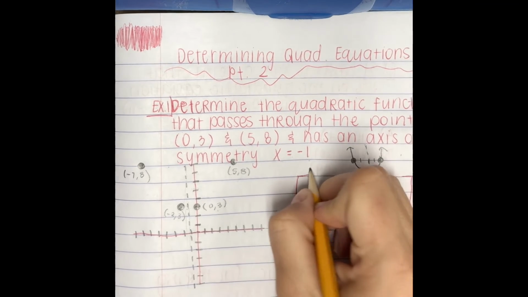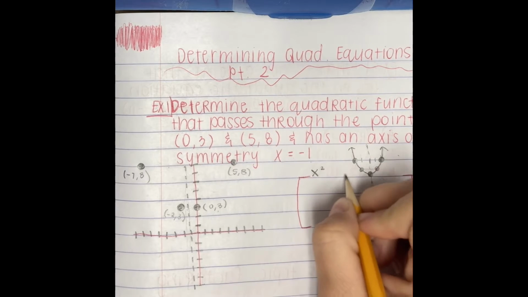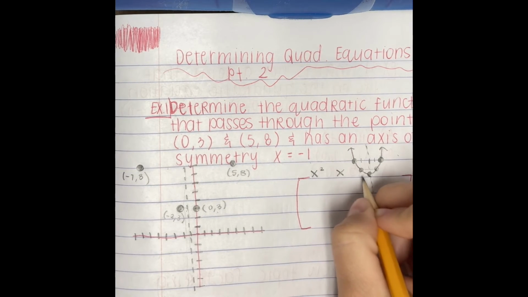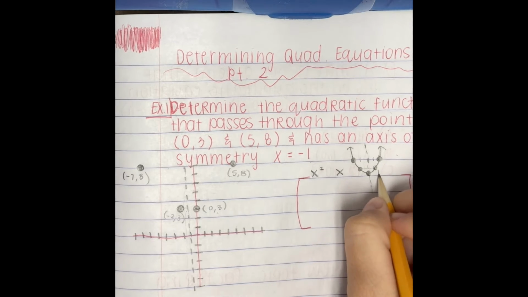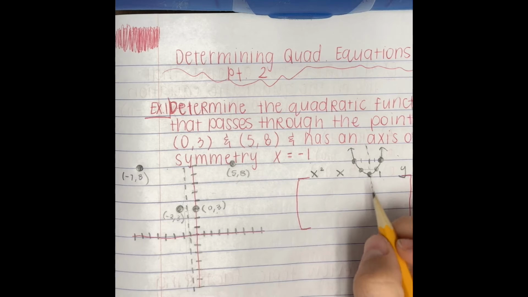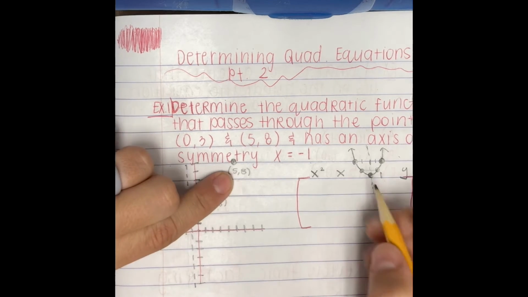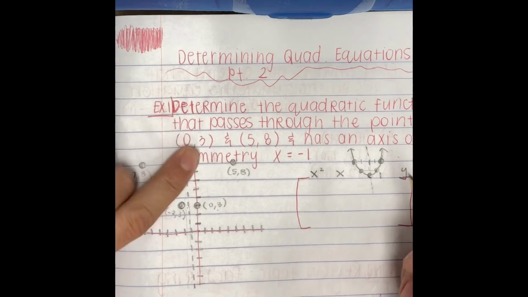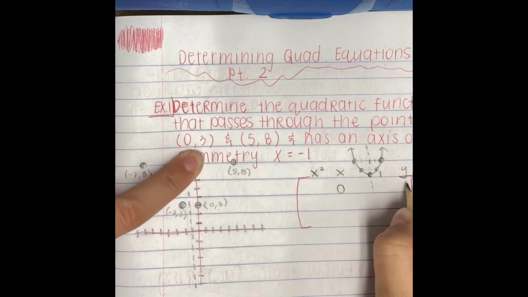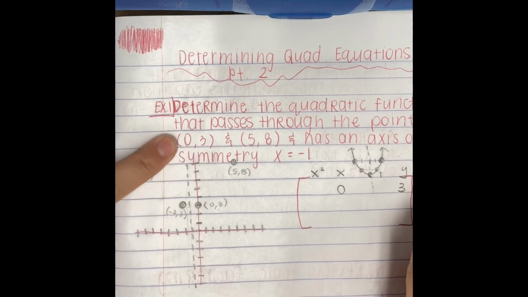If you remember, this is our x squared column, our A, our B, our X. Our C column is always 1, and then we have our Y's. Let's go in order and start with (0, 3). So 0 is my x, 3 is my y.